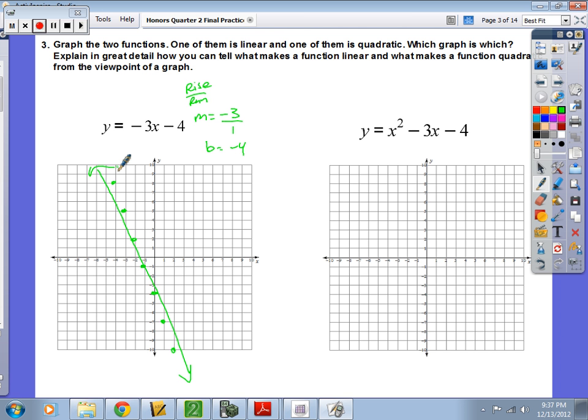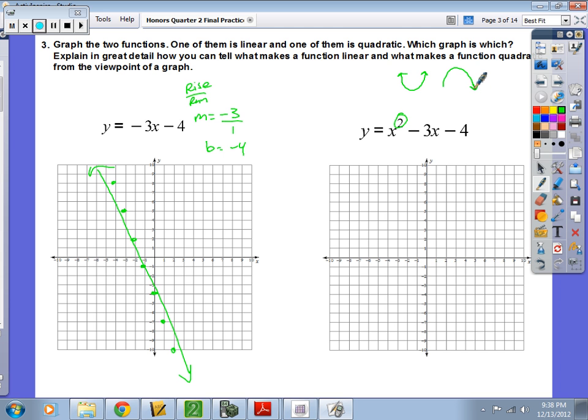The steepness is going to change. Okay, this one is a quadratic. I know it's quadratic because the exponent is 2, and the general shape of a quadratic is totally different than a linear line. The general shape is going to be a parabola. A parabola is going to look something like that, or something like this.